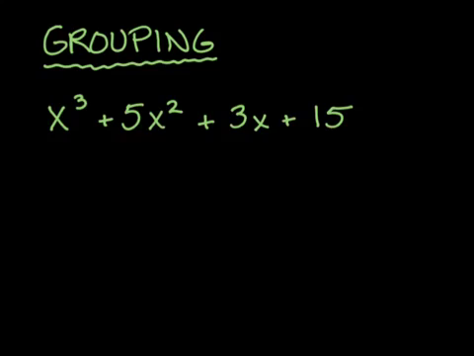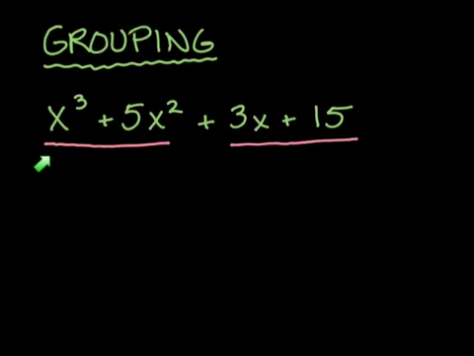So instead, what we're going to do is group the parts together, where we look at the first two together and the last two together, and recognize now there is a common factor for each group. We look at our first group.